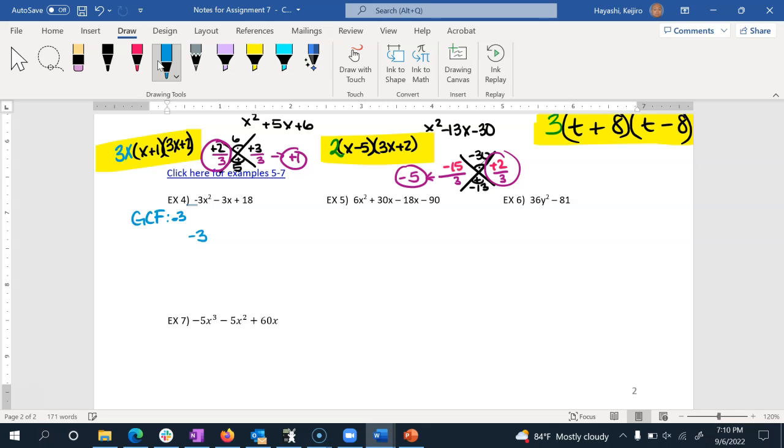So if we factor out a negative 3, what are we going to have left? X squared. Right, just x squared. And what about minus 3x divided by negative 3? Plus x, the 3's cancel out, and the minuses cancel out too. Minus 6, great. Okay, looks like a perfectly good trinomial to me. Two numbers that multiply to negative 6 and add up to 1.